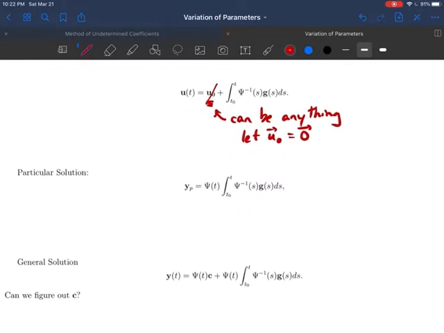Remember, we were looking for a particular solution of the form, right, y p is equal to c of t u of t. So to get our particular solution, all we have to do is multiply this thing that we've just gotten, right, this guy here, multiply that by c of t. So you have c of t times the integral of this thing.